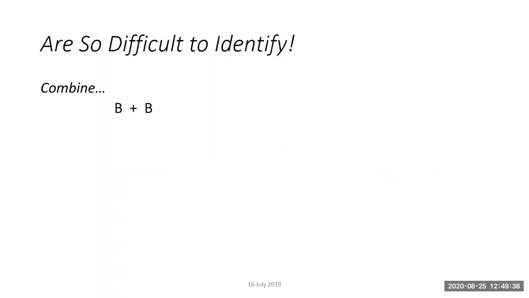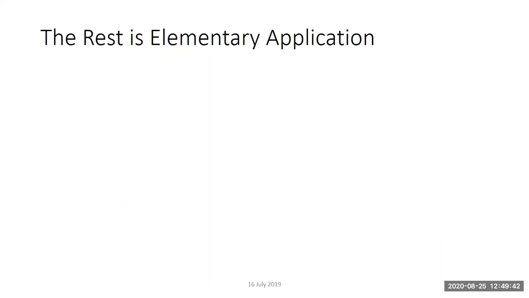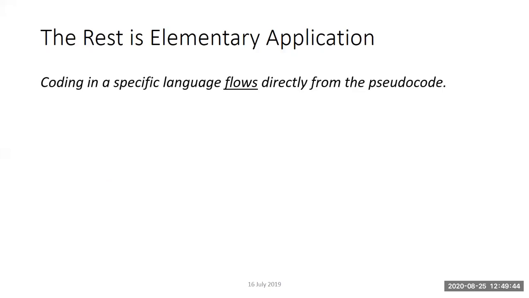Okay, so when we combine B plus B, all right, you've seen this. Coding in a specific language flows directly from the pseudocode. The other reason that you want to use plain English in your pseudocode, and you want to state the logic plainly in your logical programming statements, is because Python uses plain English for its coding terms.